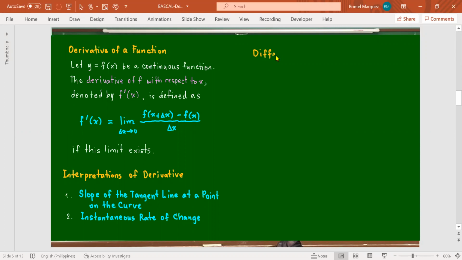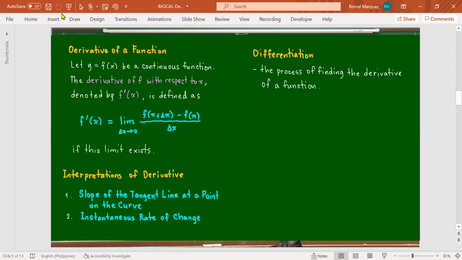This is the process of finding or computing the derivative of a given function. Okay, guys?